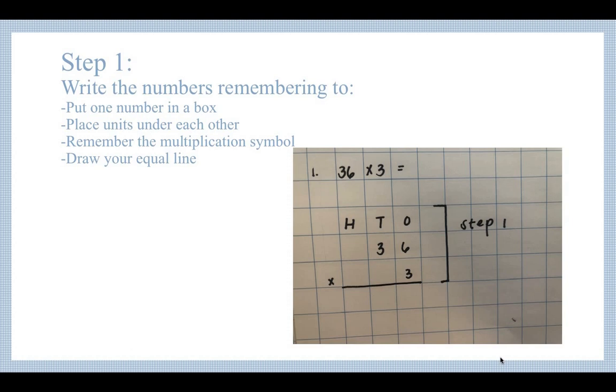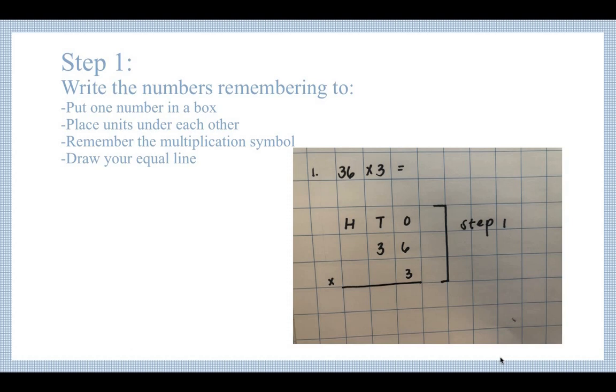So, step 1, you're going to have to remember to do a certain amount of things. That's why we call it the expanded method. Expanded meaning you do a little bit more, but it will help you ultimately get to the correct answer if you follow the following steps. You have to start by writing down your numbers, what they're asking you.